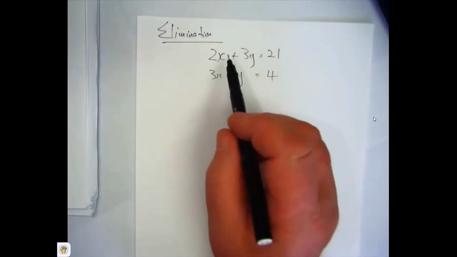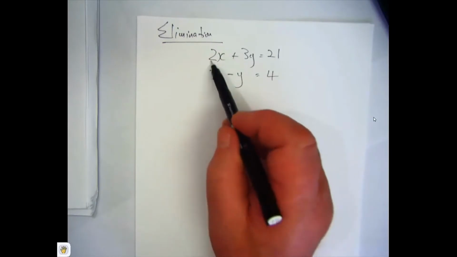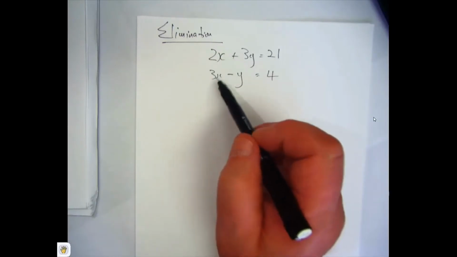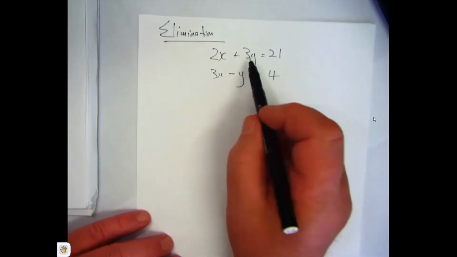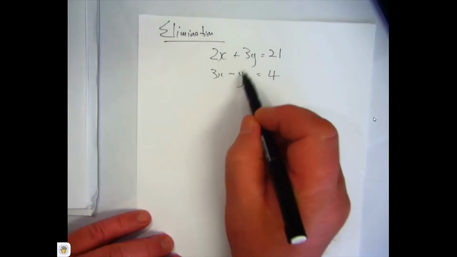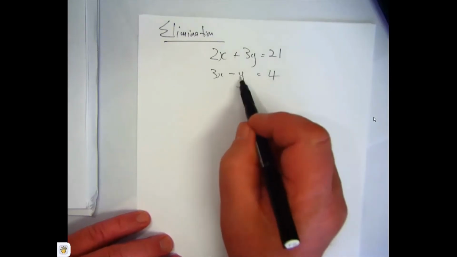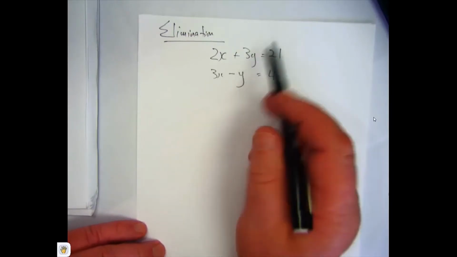If I had the same coefficient in front of the x, I could then either add them or subtract them to get rid of them. If this number 3 were in front of this one, then I'd have 3y here and 3y here. That's convenient because then I could either add or subtract them and they would drop out.